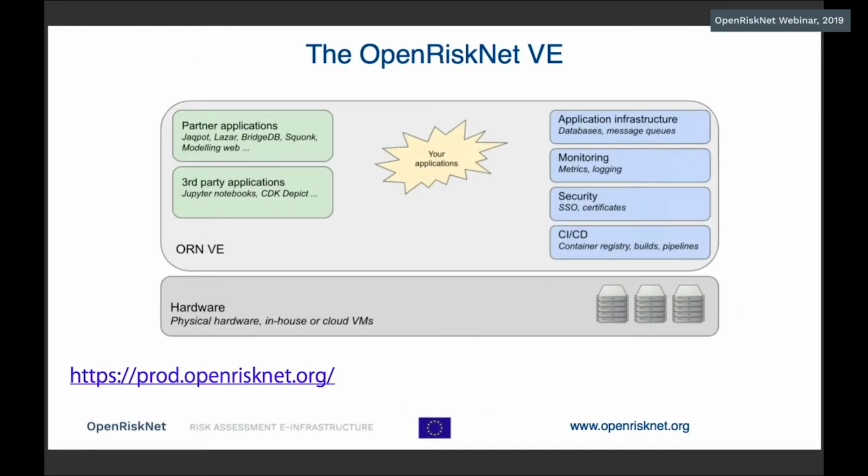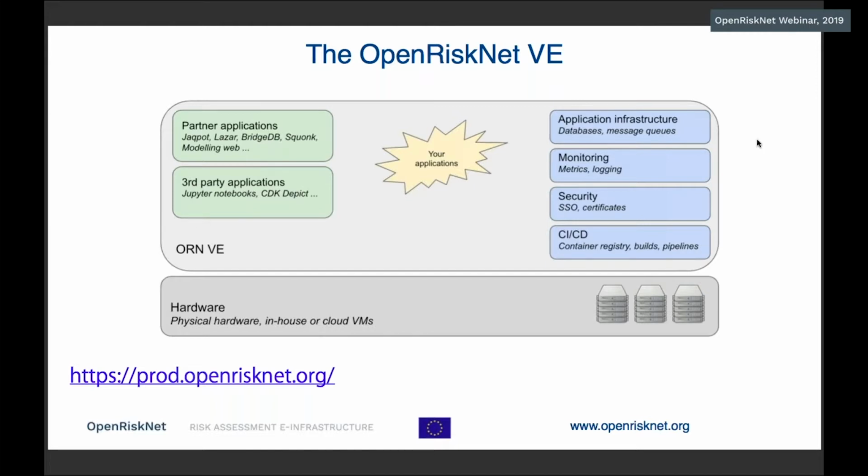So a little bit briefly about what the OpenRiskNet virtual environment looks like, and this is important to how we're going to deploy our toxicogenomics applications today. It enables partners to put their applications on this and then be able to access the infrastructure.